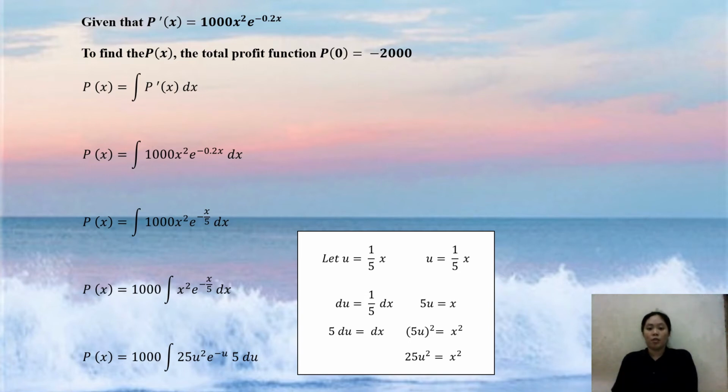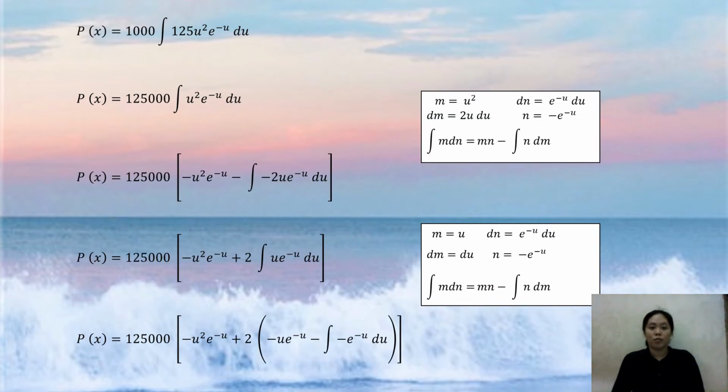Firstly, P(x) equals integration 1000 x squared exponential power of negative 0.2x dx can be changed to P(x) equals 1000 integration x squared e exponential power of negative x over 5 dx. After that, differentiate u equals 1 over 5 x to become 5 du equals dx and obtain 25u squared equals x squared, and substitute back in the equation using integration by substitution.